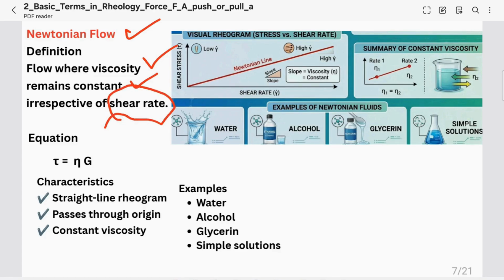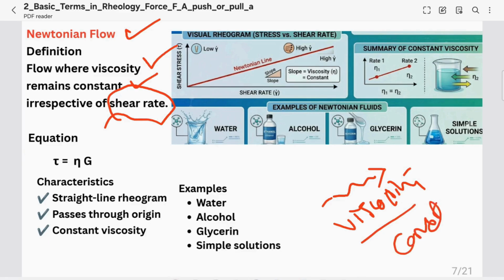Means here the liquid is going to move and the viscosity of the liquid will remain constant, even when we are applying the force, okay, shear rate. For example, the liquids which show this type of movement are water, alcohol, glycerin and simple solutions.